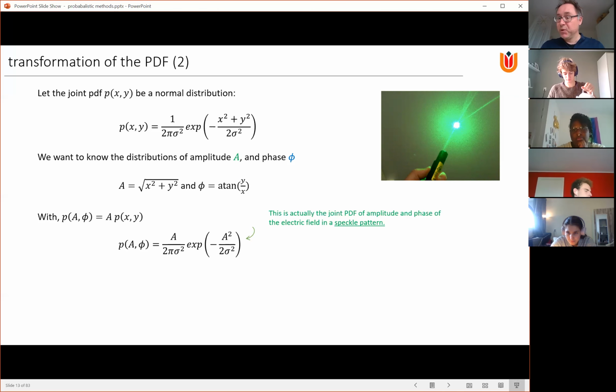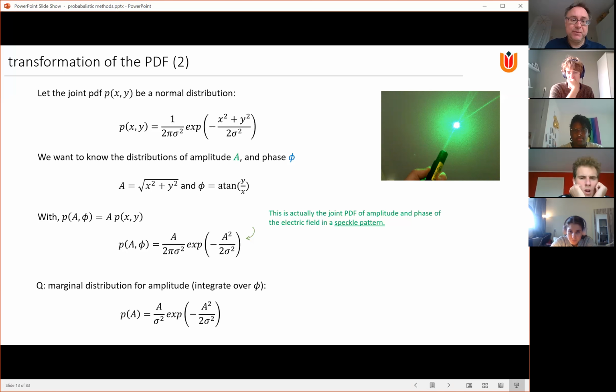If you shine a laser pointer on a wall that is a little bit granulated, you will see this pattern. If you would be able to measure the electric fields in that pattern, then the amplitude of the electric fields would follow this distribution.